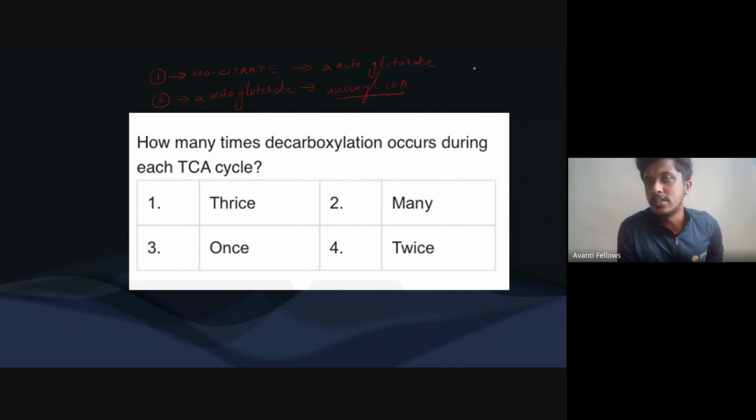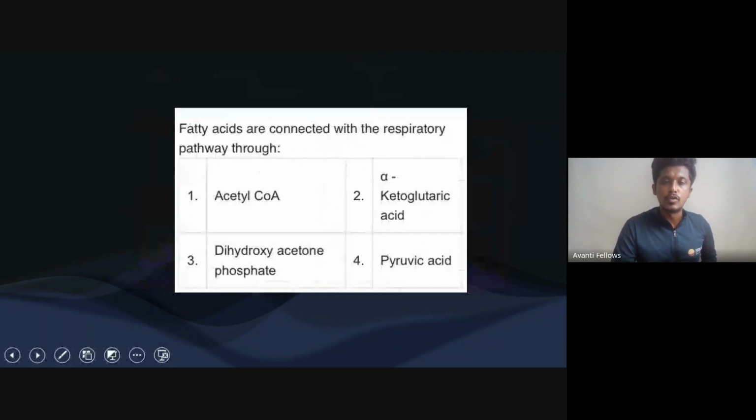So during this process, what happens? A carbon dioxide molecule is removed. How many times does it happen? Two times. So we'll write it as two. So our option is twice, option 4. So let's go for the next question.